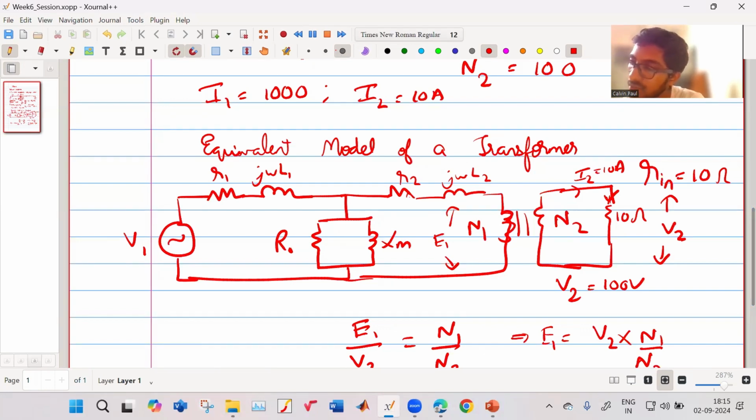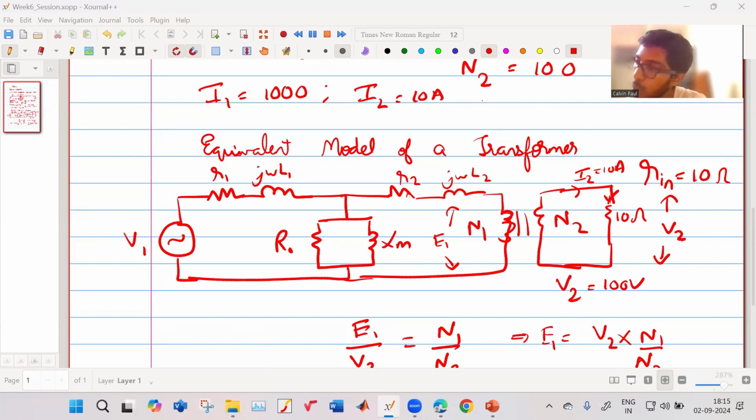One more thing I want to point out is this R1 and j omega L1. What do they represent? Losses, copper losses.